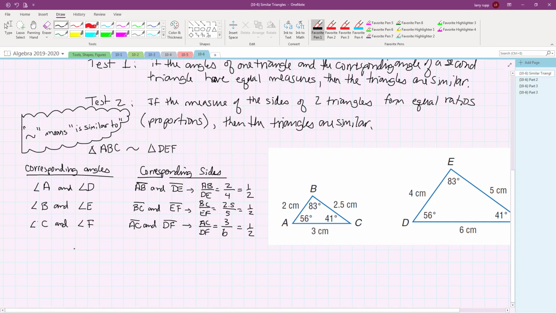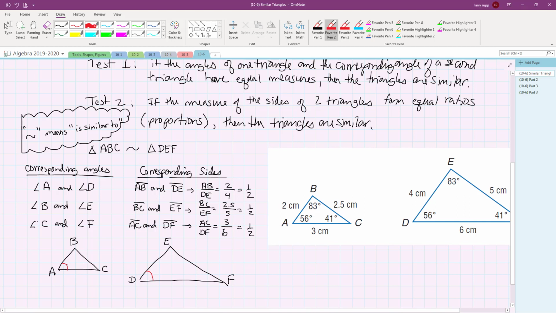Another way to show similarity is like so. We have A, B, C, and we have D, E, F. So what we're going to do is show you angles. So here, angle A and angle D are corresponding angles.